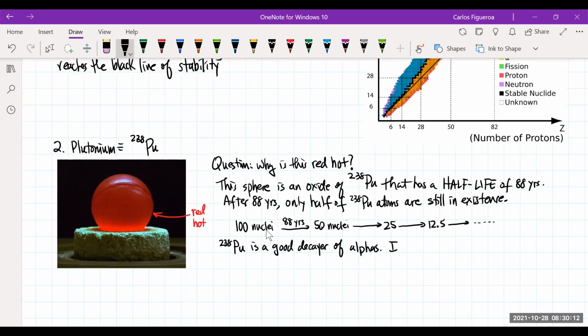So its activity, maybe I should say it has a large activity. And that's literally the language that you use in nuclear physics, which means it emits numerous alphas.